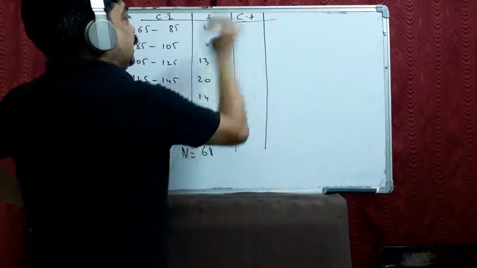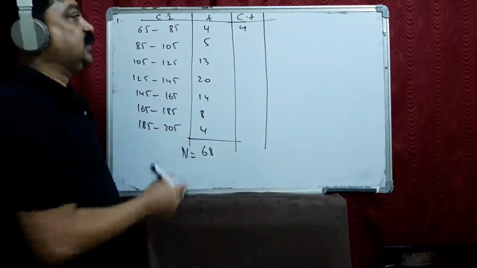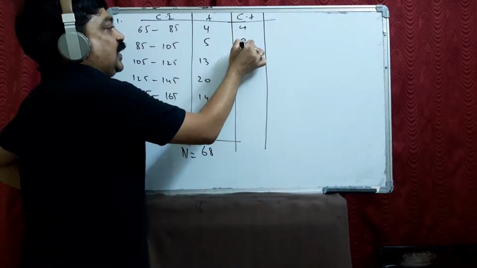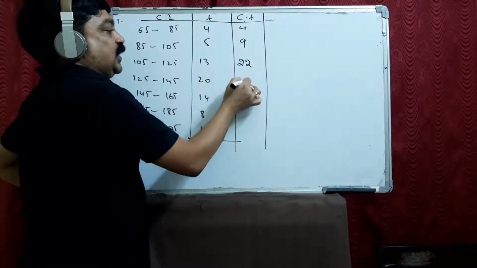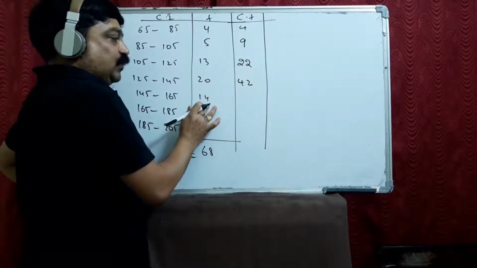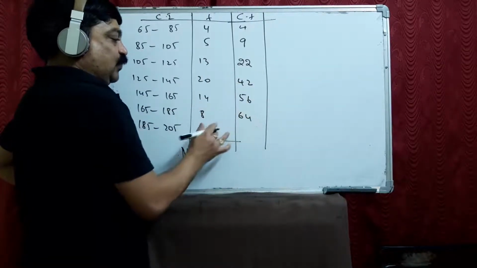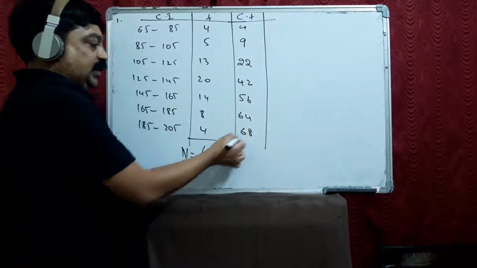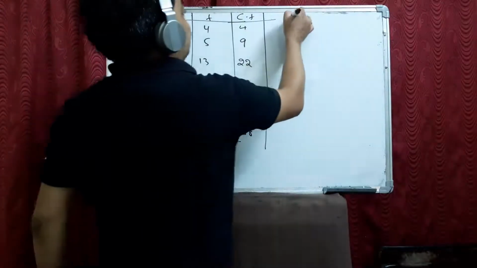Now let us find the cumulative frequency. Start with the frequency and keep on adding the next frequency. 4 plus 5, now 9 plus 13, 22 plus 20, 42 plus 14, 56 plus 8, 64 plus 4. This should be equal to the total. Now what is n by 2?